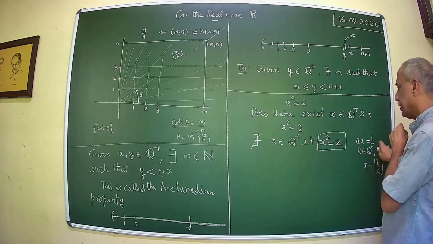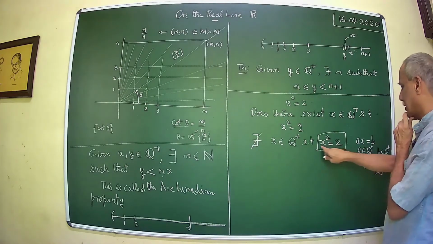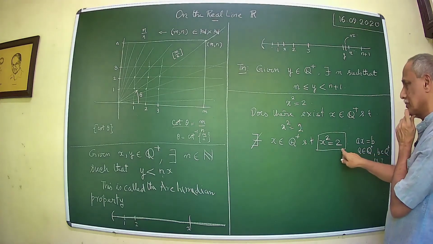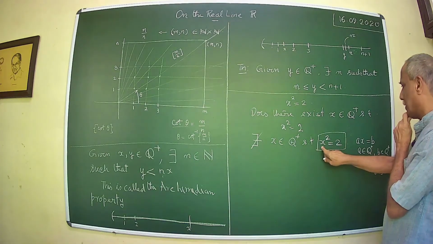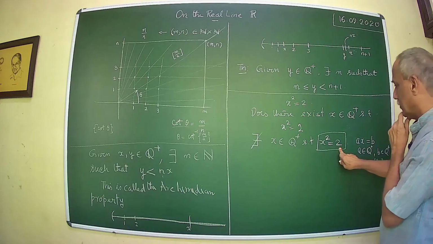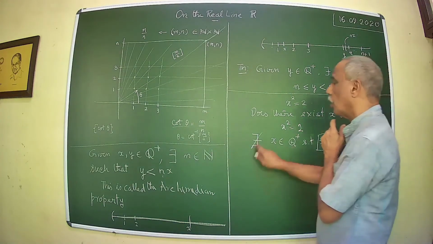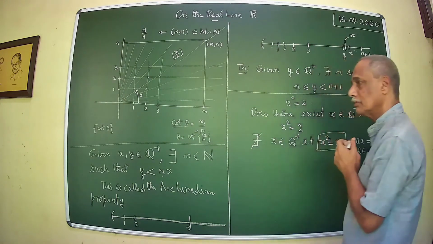Now this is a linear equation, whereas this one is a quadratic. So for the quadratic equation x squared equal to 2, if you search for the solution of this in Q plus, you do not have a solution. Okay.